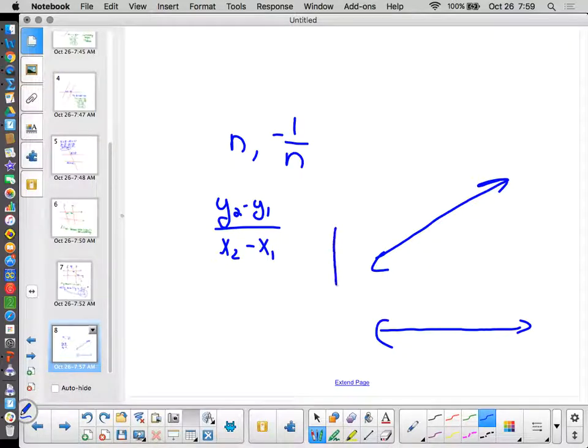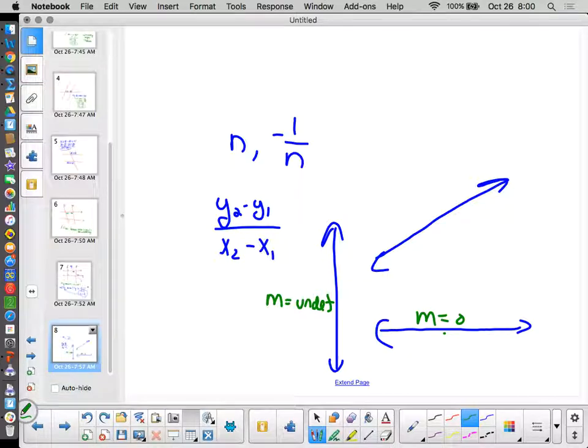We have the horizontal line and the vertical line. The horizontal line, the slope equals 0. The vertical line, the slope is undefined. We talked about this in terms of skiing. Cross-country skiing, skiing off a cliff. Undefined slope, no ski slope, you're going to die. Cross-country skiing, perfectly safe, slope is 0.